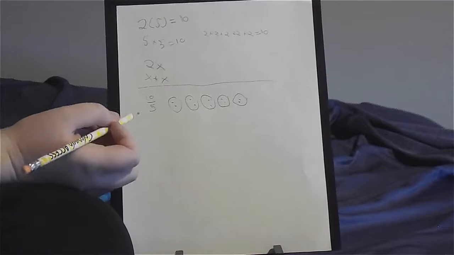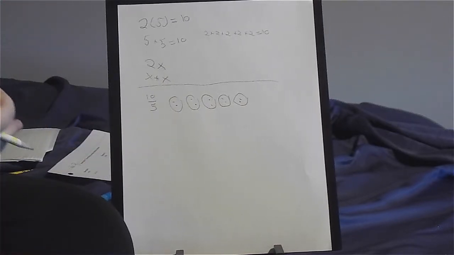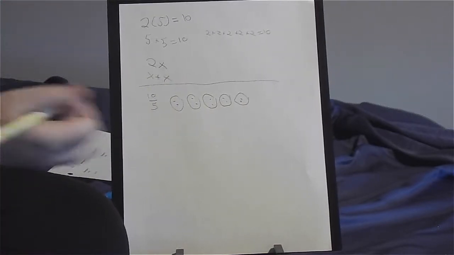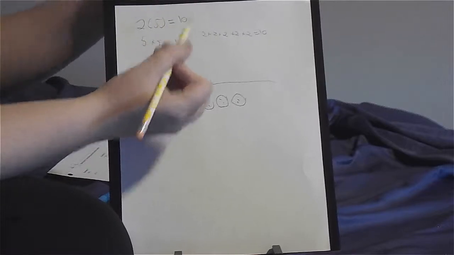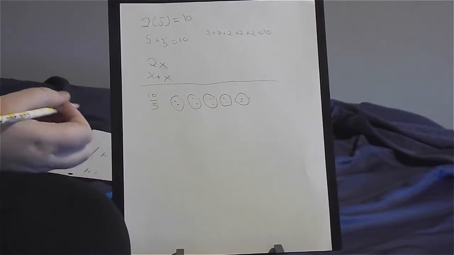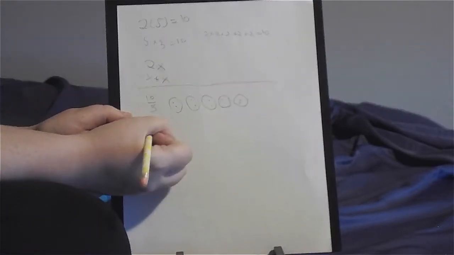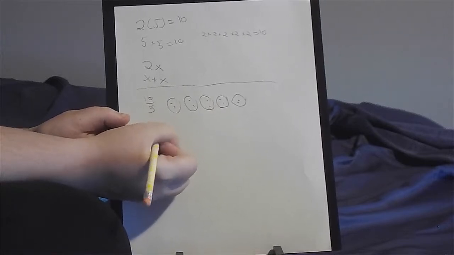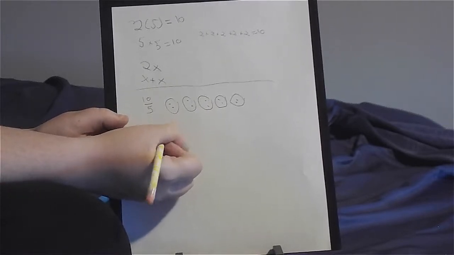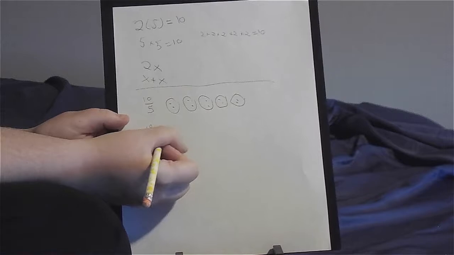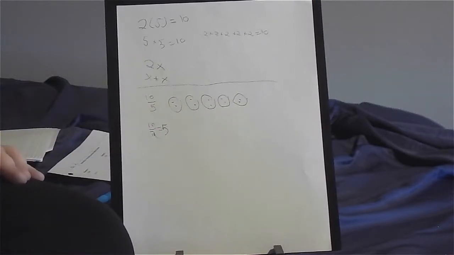Each person, or each bucket, has 2. And that's how division works. But note that 2 times 5 was 10. So it's just backwards multiplication. In the same way, if I did 10 divided by 2, it's just 5, because 5 is the other number I need with 2 to multiply to 10.